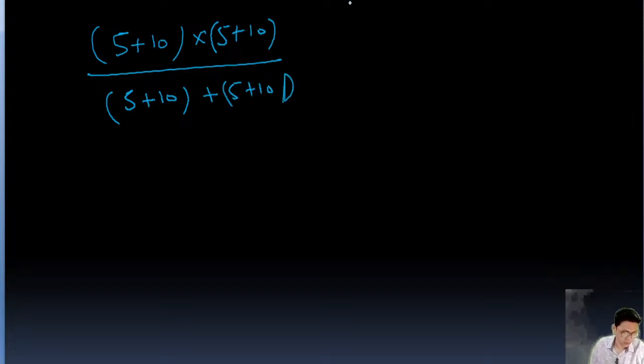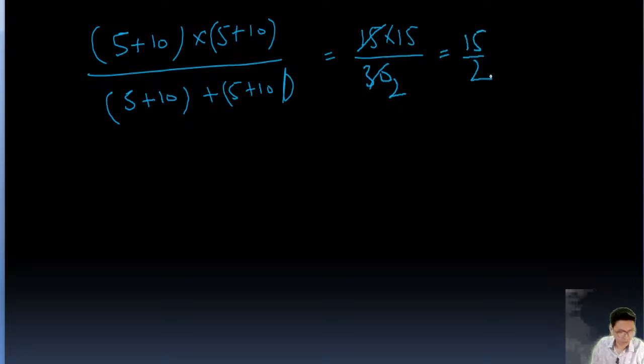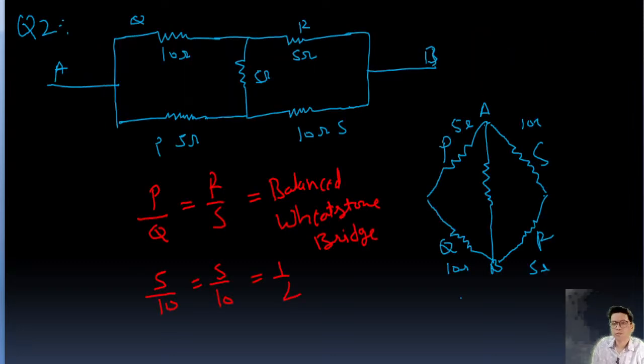So this is going to be 15 into 15 upon 15 plus 15, means 30, right? 30. This will cancel 2 times, right? And this is going to be 15 upon 2, or 7.5 ohm, right?